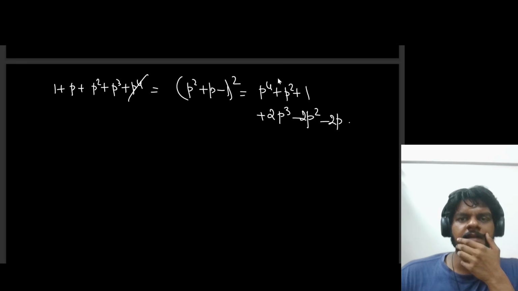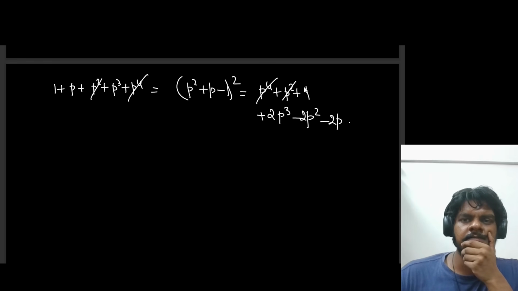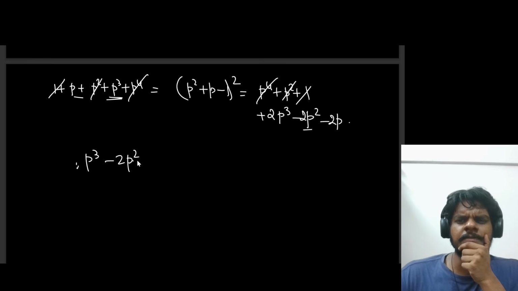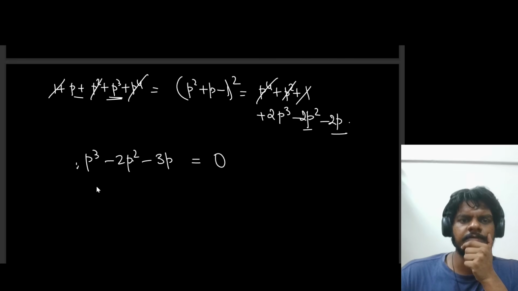So p⁴ cancels, p² cancels, 1 cancels. Oh, p³ is also there, so you can get rid of one of that. p³ − 2p² − 3p = 0. That means p(p² − 2p − 3) = 0.